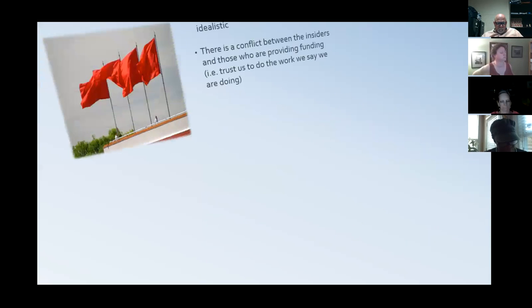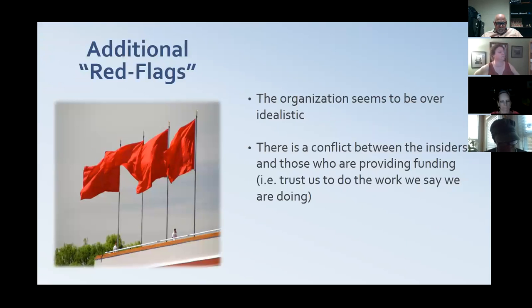So, additional red flags. DeAndre included this information, so I'm presenting this on his behalf. He said that the organization seems to be over idealistic. There's just too much going on. And also there's an unseen, interwoven conflict between insiders and those who are providing funding.